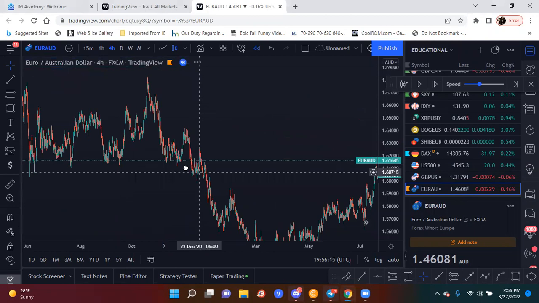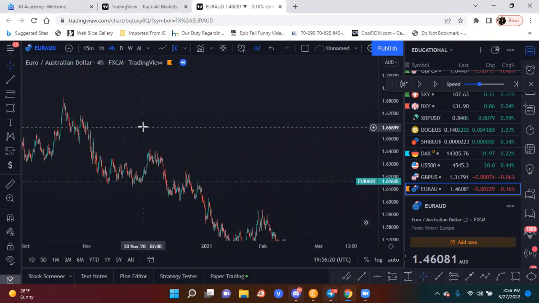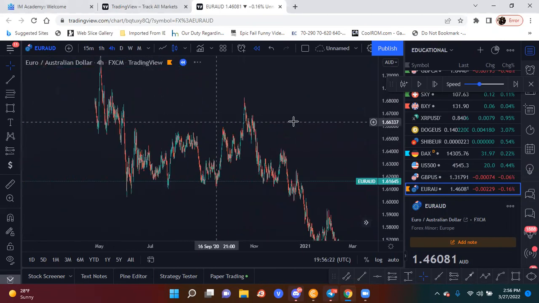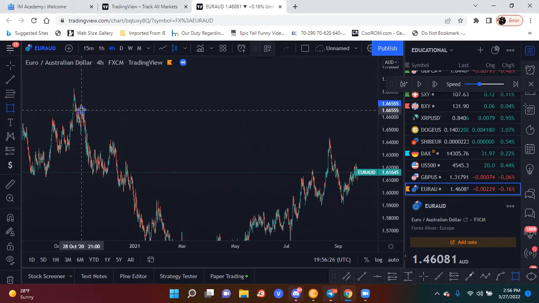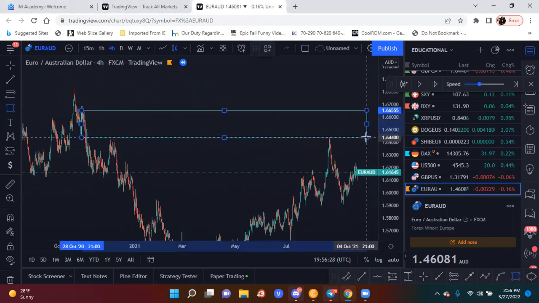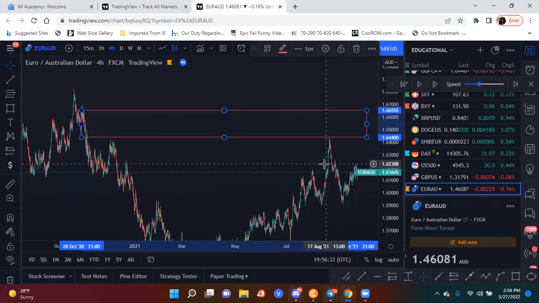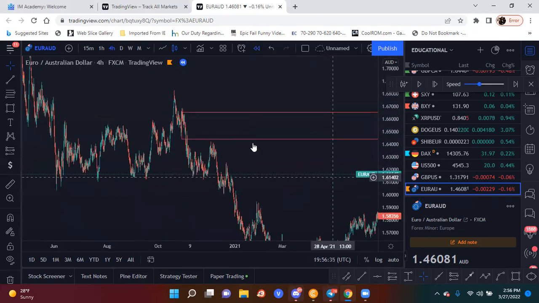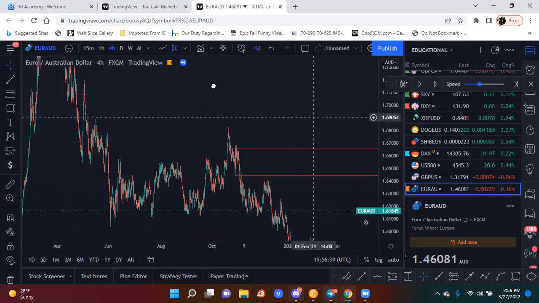Well, first things first. Without doing a lot of looking, this was a supply zone right here. This is probably on a higher time frame though. I know how to spot them. So this was probably the major supply zone, and there was a supply zone right there.